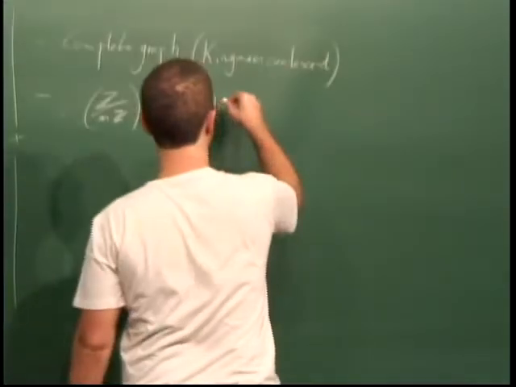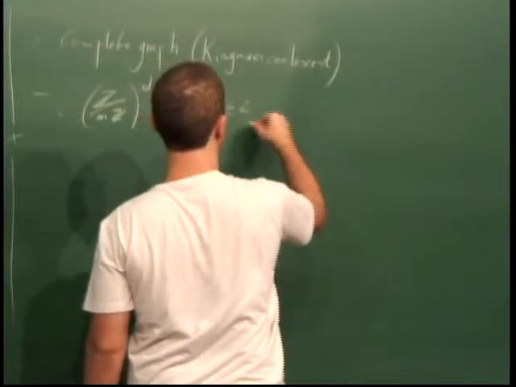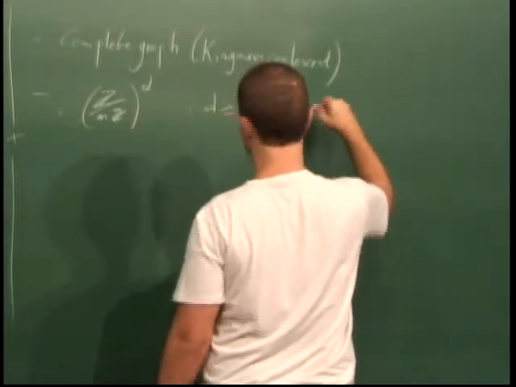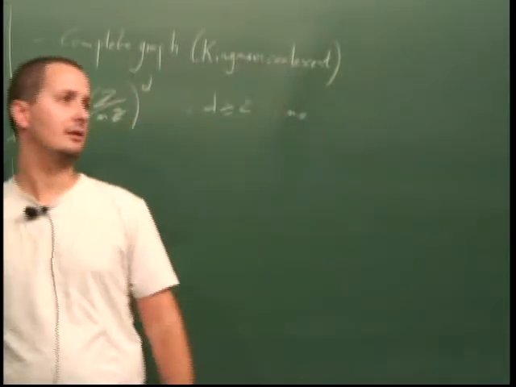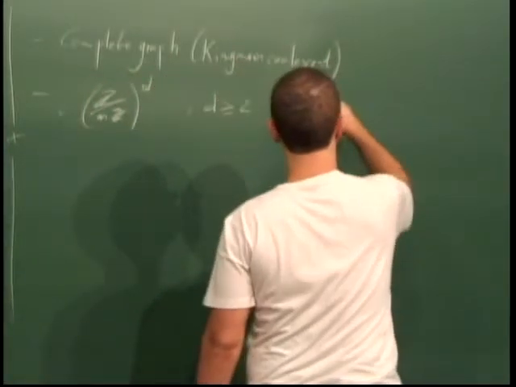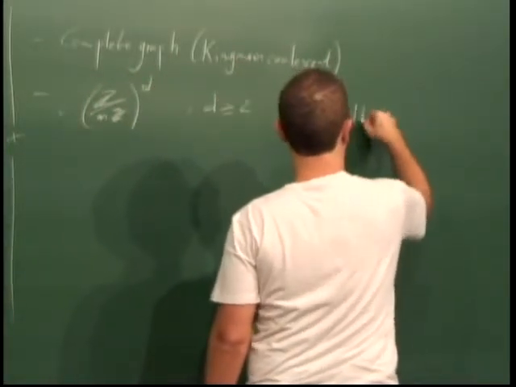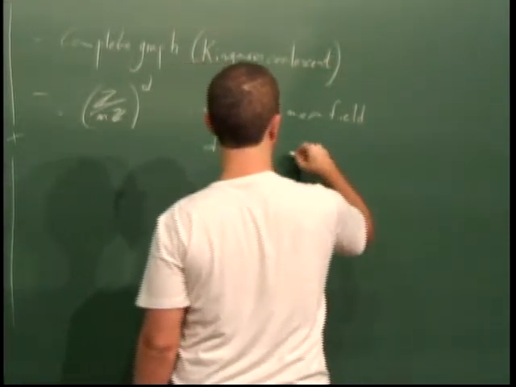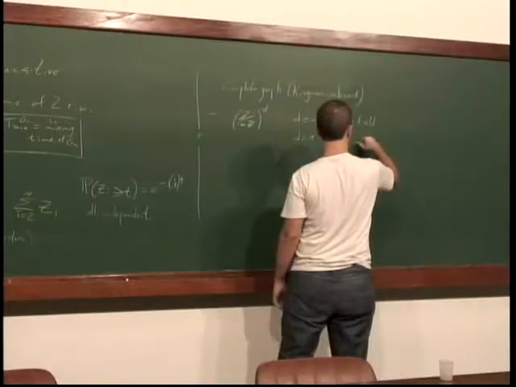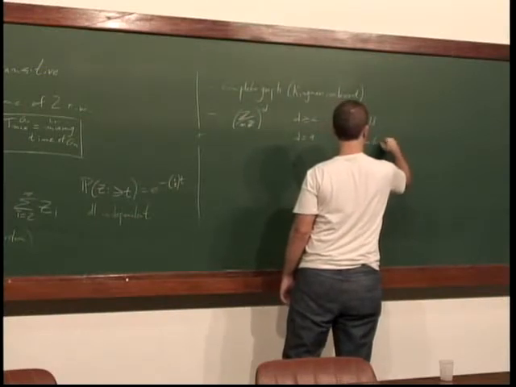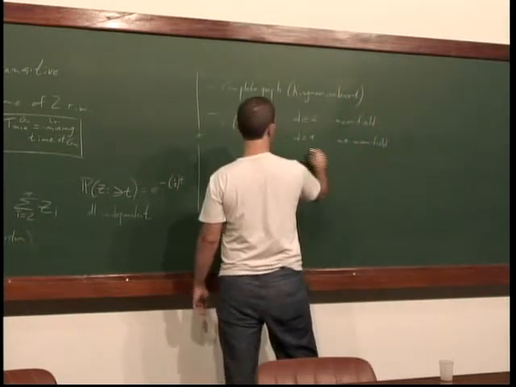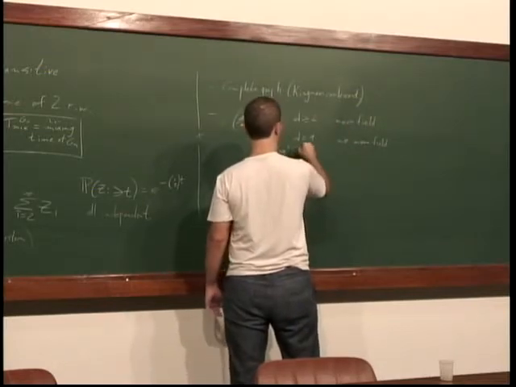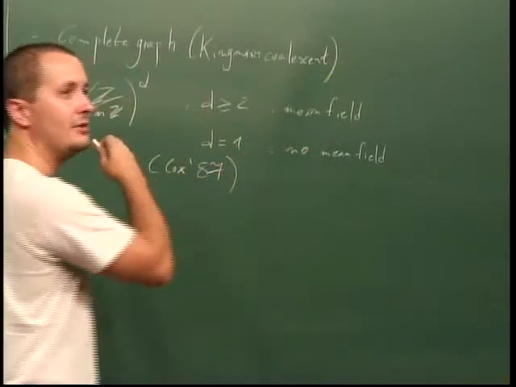So for d bigger than or equal to 2, you have this mean field. What mean field means for me is this limit, right? And also for d equals 1, you don't have mean field. And that's due to Cox, I think '87. I always forget the years of papers I cite.